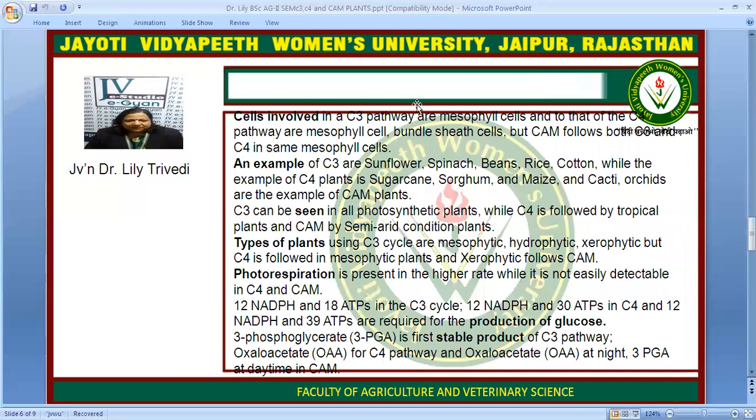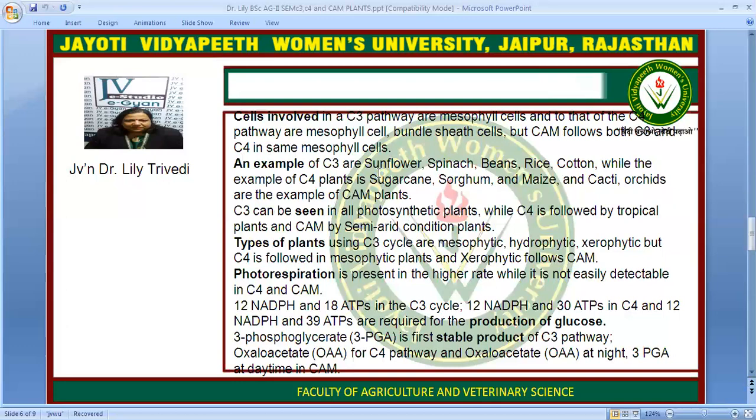Now further differences we will study. The cells involved in C3 pathways are mesophyll cells, and in C4 pathways are both mesophyll and bundle sheath cells. But the CAM follows both C3 and C4 in the same mesophyll cells. Examples: C3 plants are sunflower, spinach, beans, rice, cotton, while C4 plant examples are sugarcane, sorghum, maize.